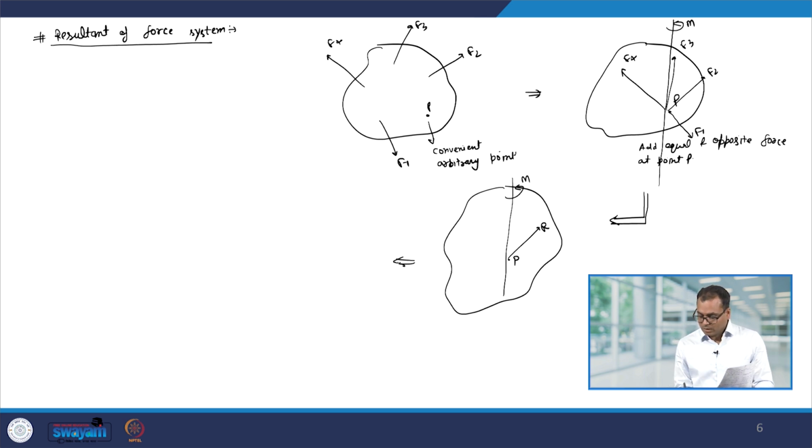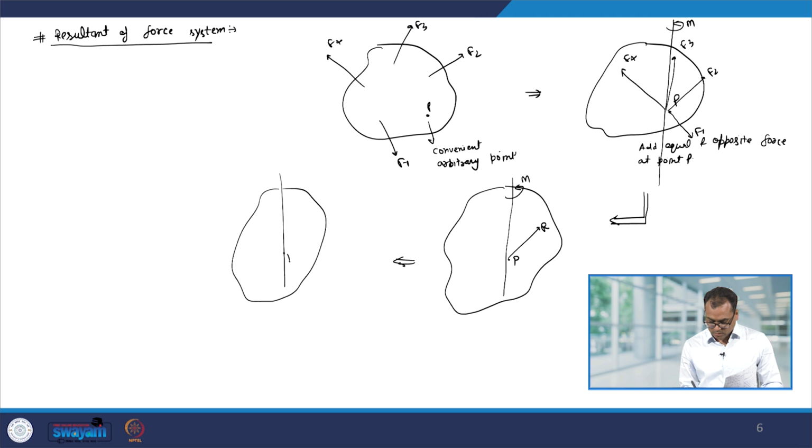Then we can also account for this M by translating this resultant R from point P. So, let us say we translate it by a distance d, and by this we can also account for the moment M. So, let me just write down these quantities.